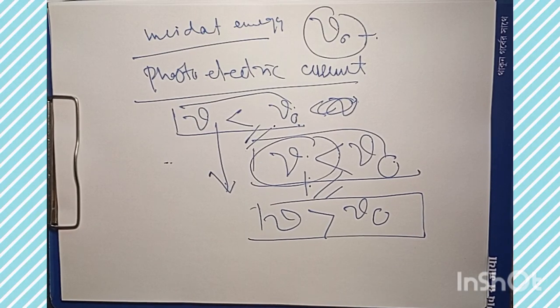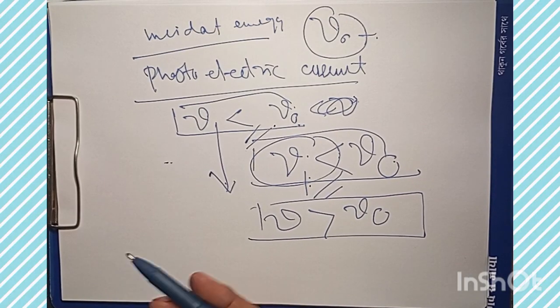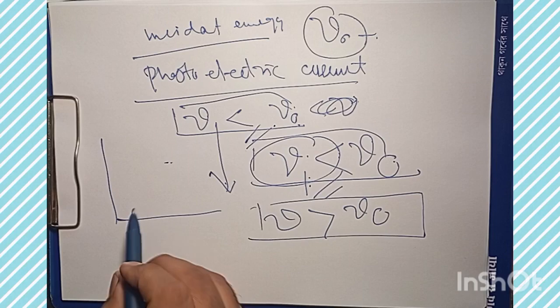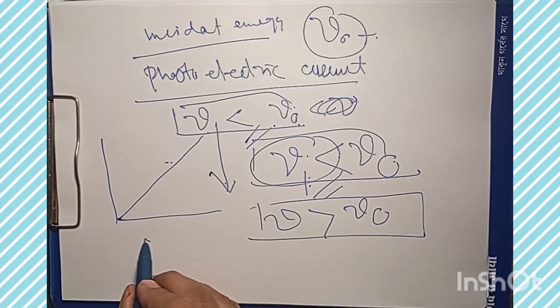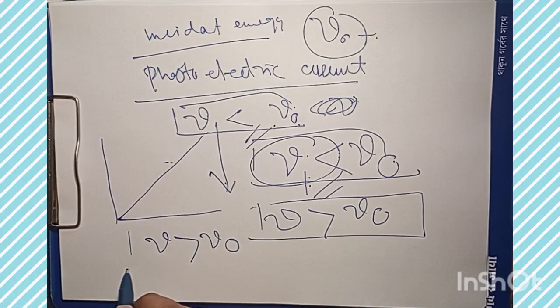And the arguments of classical electromagnetic theory in terms of intensity of light are also fulfilled here, where we find a correlation between the photoelectric current and intensity. It shows a proportional behavior. But the condition is that this nu has to be greater than nu naught.